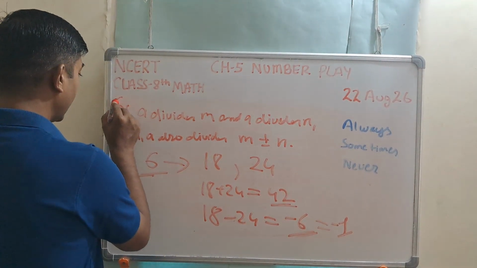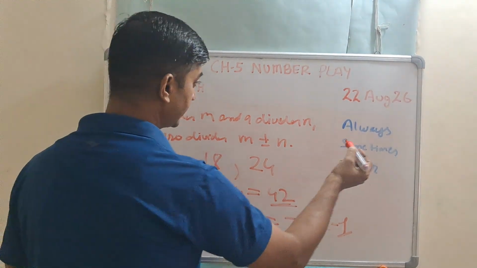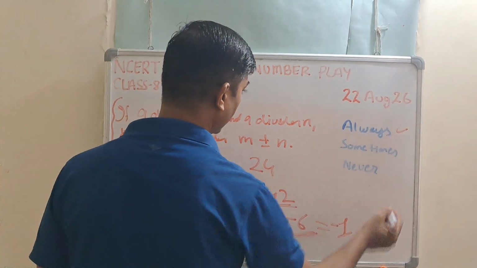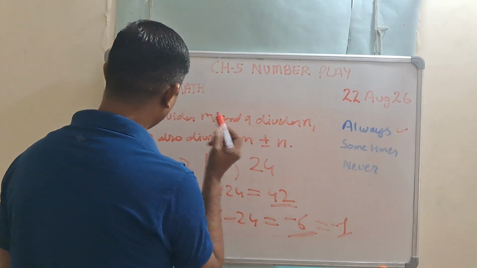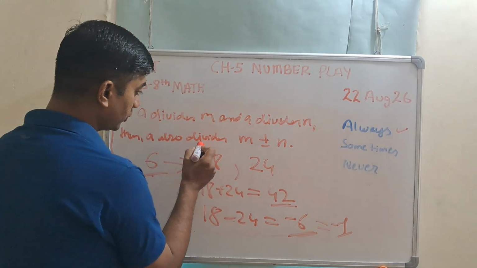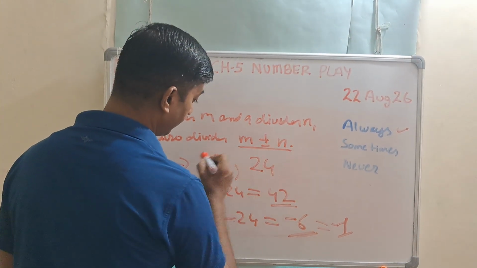So we have concluded that this statement is always true: if a divides m and a divides n, then a also divides m plus n, and a also divides m minus n.